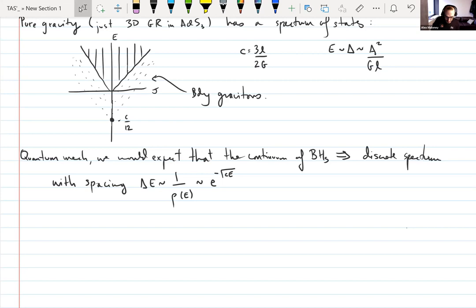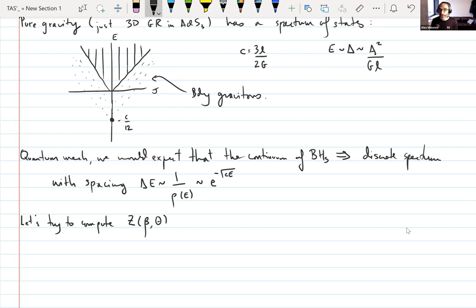So to begin, how would I try and study pure gravity? Well, I would try and construct a quantum theory of gravity by doing a path integral over a space of metrics. So in particular, to proceed, what I'd like to do is try and compute the partition function. And in particular, if I'm interested in computing the spectrum, then what I should try and do is compute the finite temperature partition function.